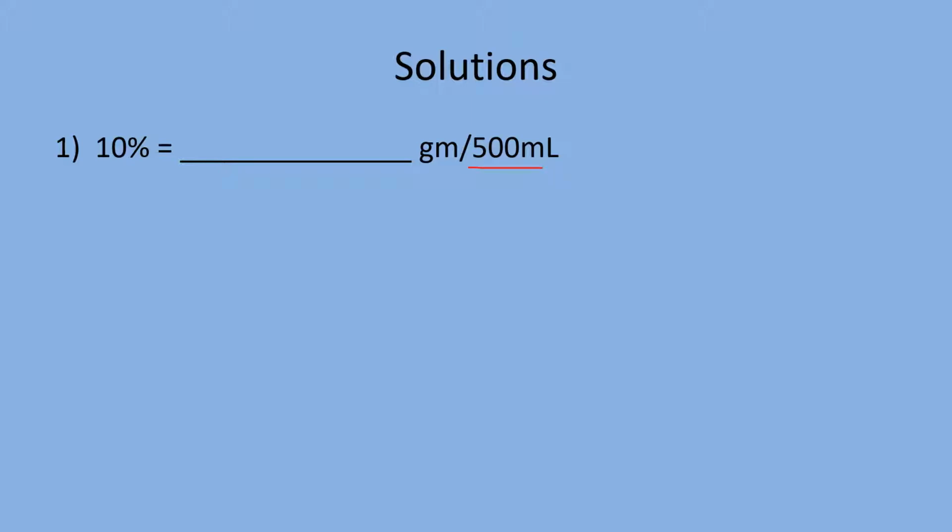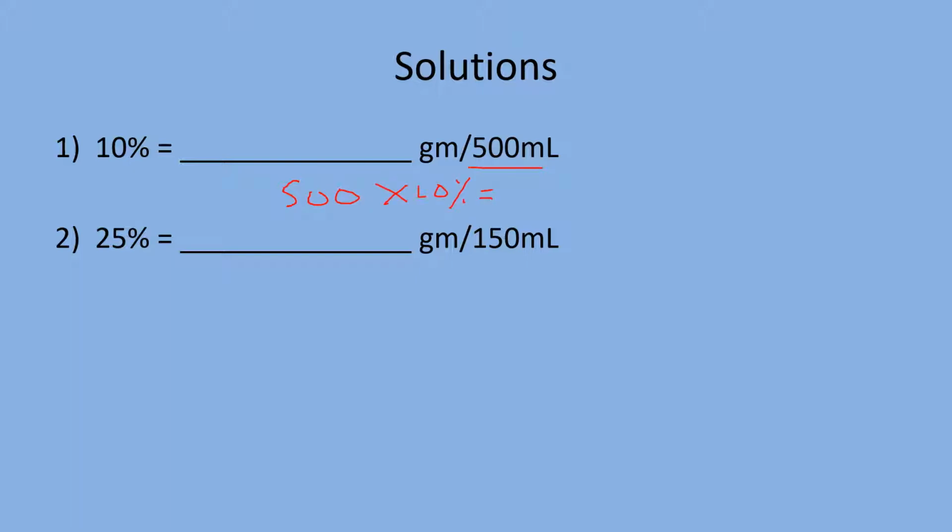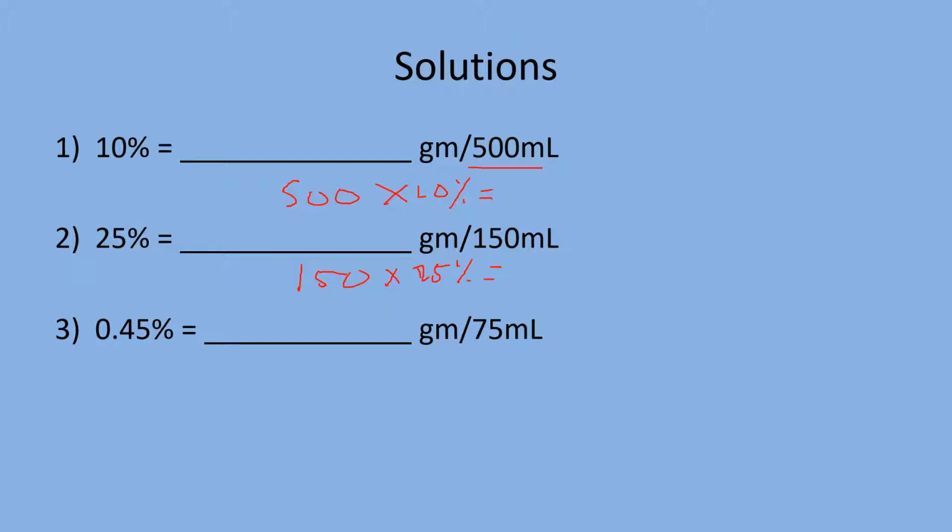All right, 500 times 10%. Punch that in. What do you guys get? 500 times 10 and then the percent button. 50 grams, yep. So for number 2, take the mLs times the 25 and then push the percent button. What do you get? 37.5, yeah.